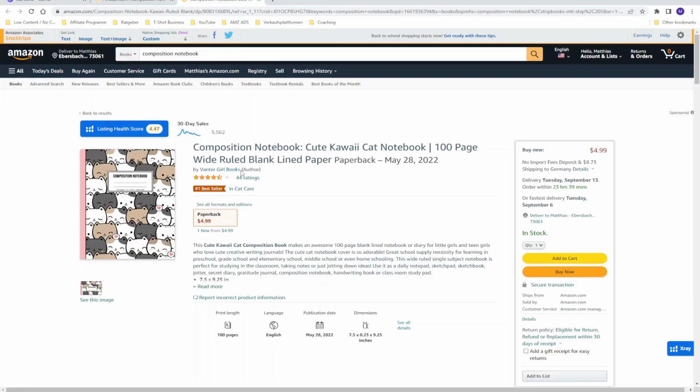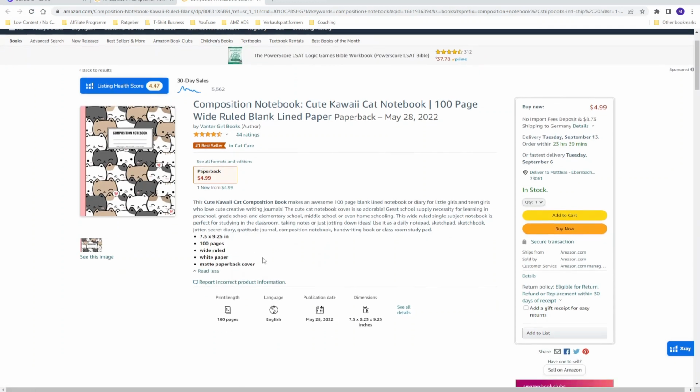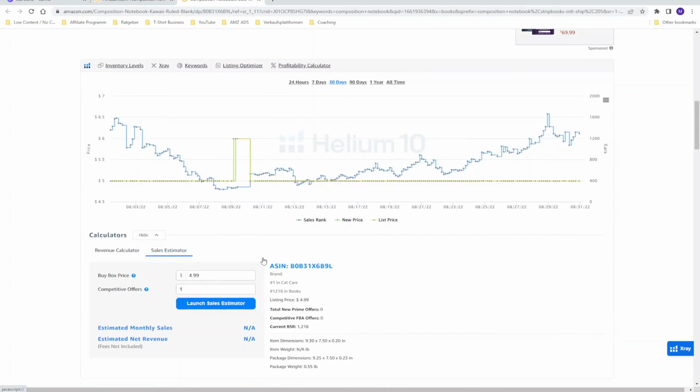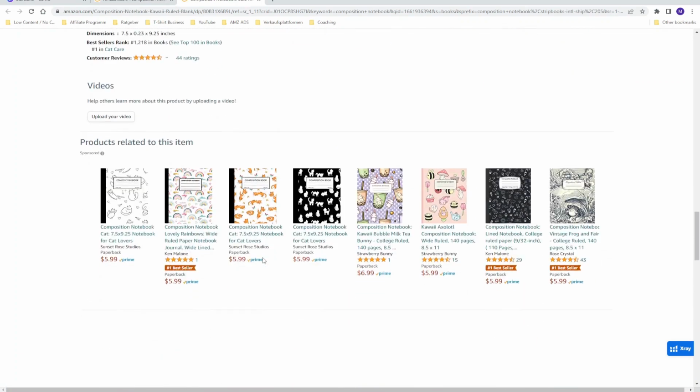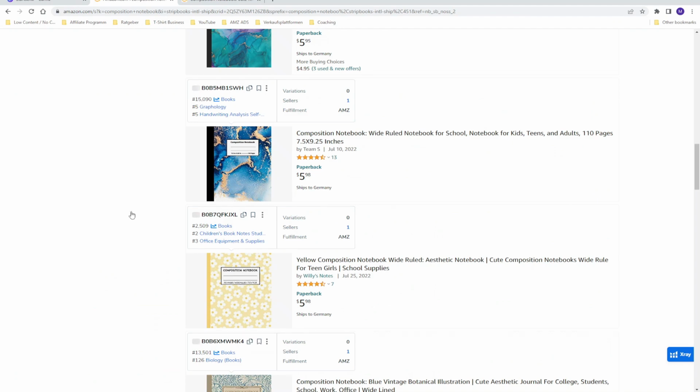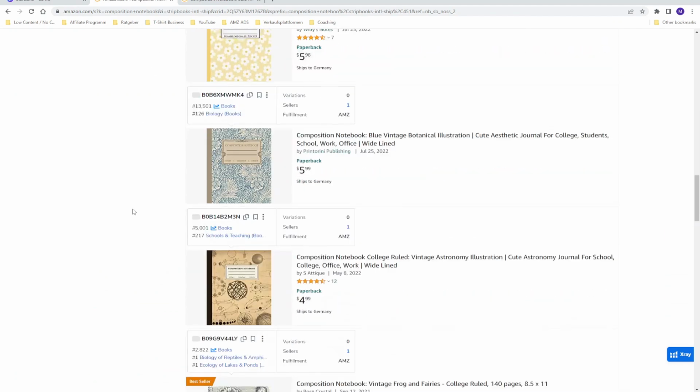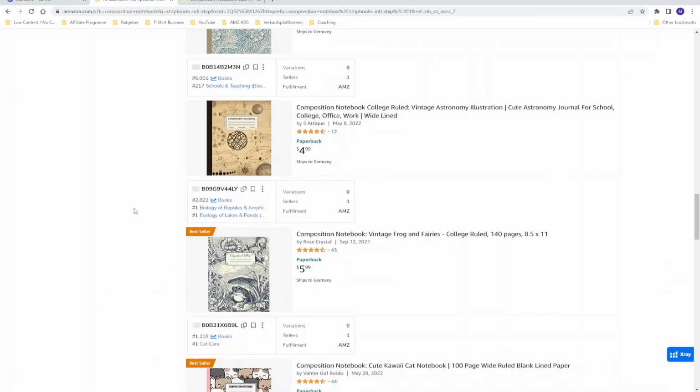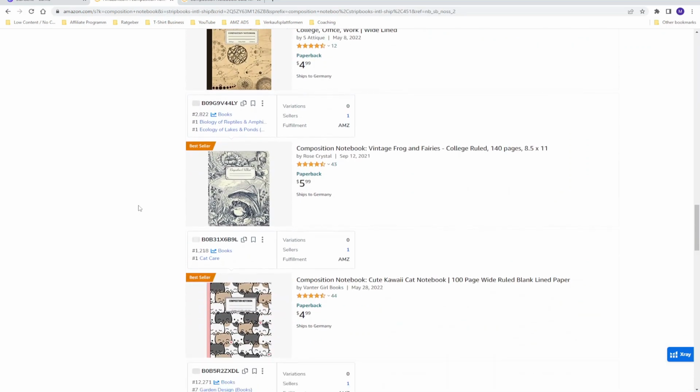Therefore, it doesn't matter how good the content of your book is, whether you have a good product description or even A+ content. If the cover and the title do not appeal to the customer, he will not click on your product. So these two factors are also important from Amazon's point of view.